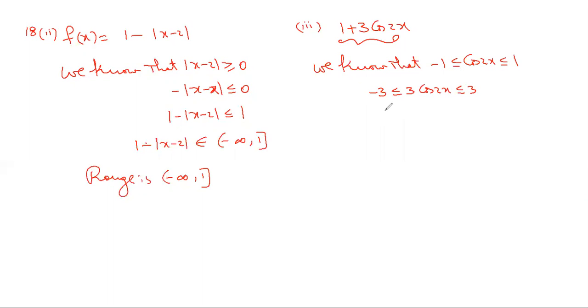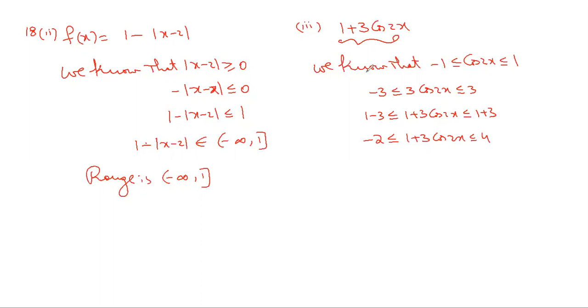And then we add 1 throughout. So 1 minus 3 is less than or equal to 1 plus 3 cos 2x is less than or equal to 1 plus 3. So minus 2 is less than or equal to 1 plus 3 cos 2x is less than or equal to 4.